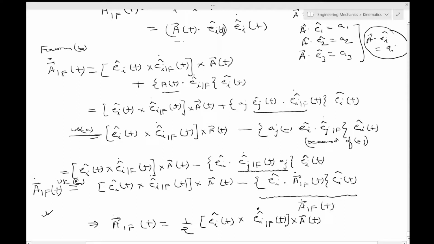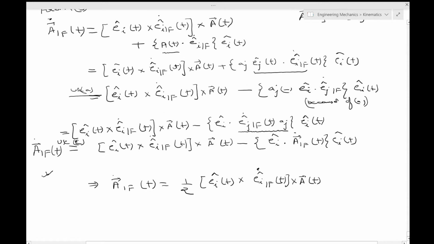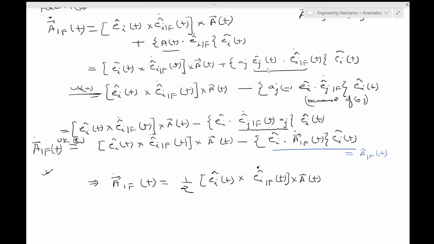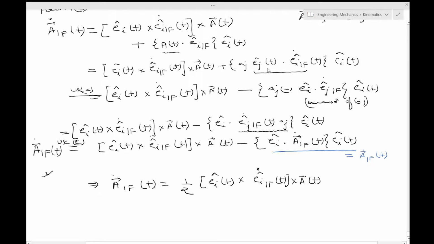Now let's see how this is equal to A dot. Okay, I'm writing this in some other ink now. Let me take a green. Hold on. So we want to show this term in blue.